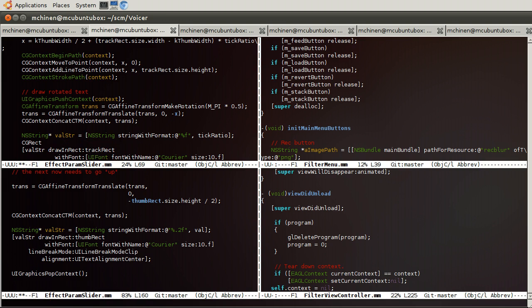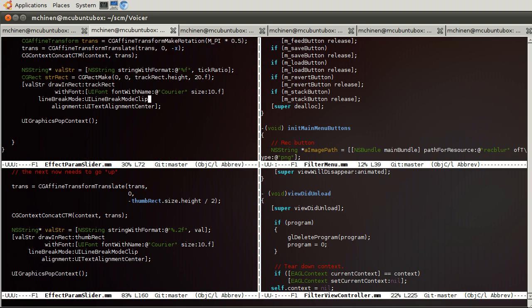CGRect strRect equals CGRectMake 0, 0, width is now trackRect.height. Yeah, is that right? And just something small, because there's just one line of text. And that part doesn't matter so much.